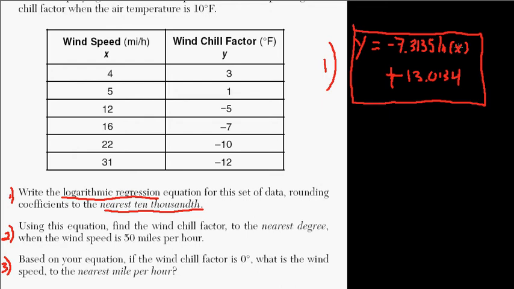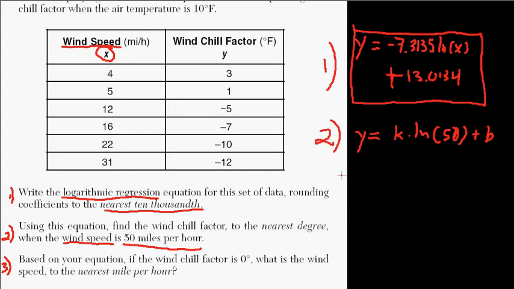So basically, where I see x, because x is wind speed, when the wind speed is 50 miles an hour, I'm just going to do y equals negative 7.3135 times, I'm just going to call that k, times natural log of 50 plus, and we'll just call this b, right? Okay, so basically I'm just doing straight computation now, and the answer is going to be y for part 2.